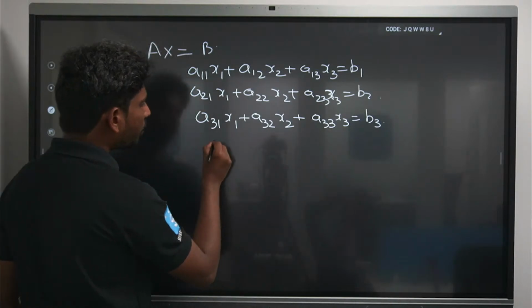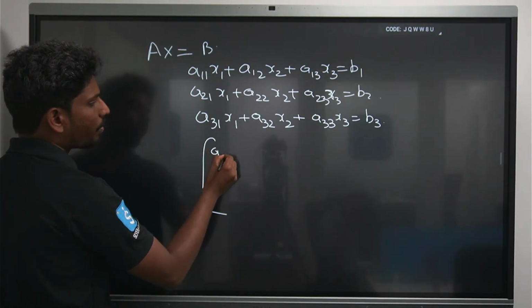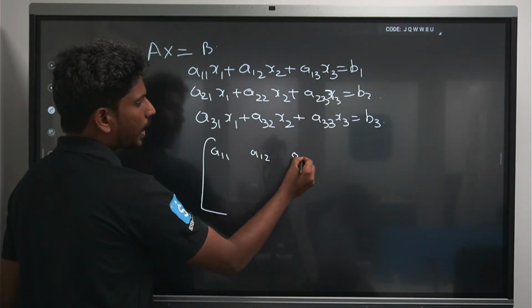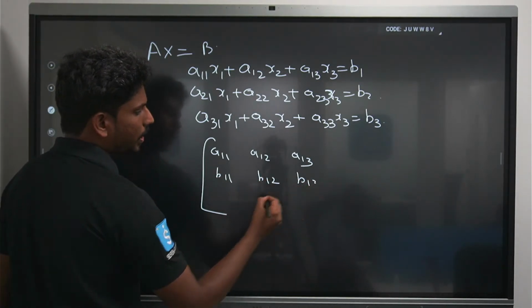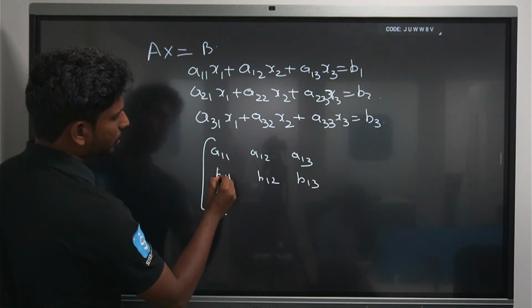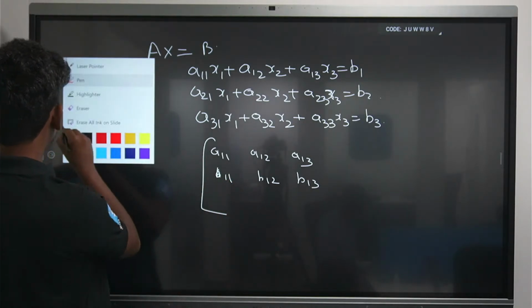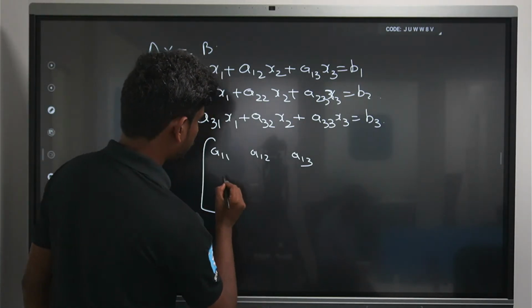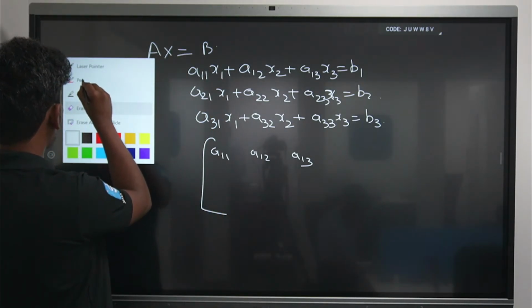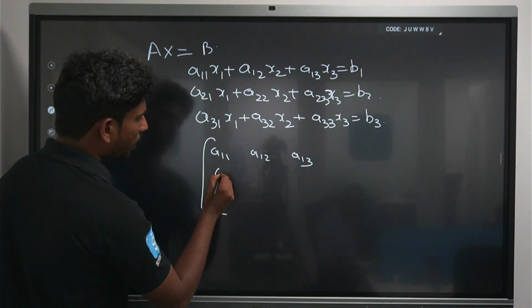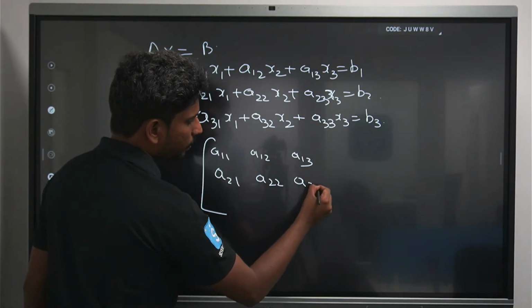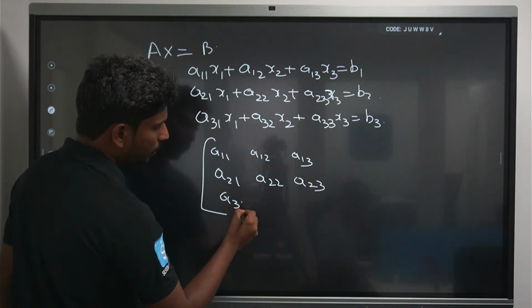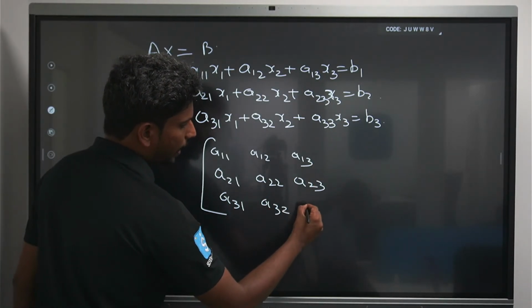Now if you try to take the matrix, that is A11, A12, A13, you know, sorry, this is A21, this is my bad, A21, A22, A23, A31, A32, A33.